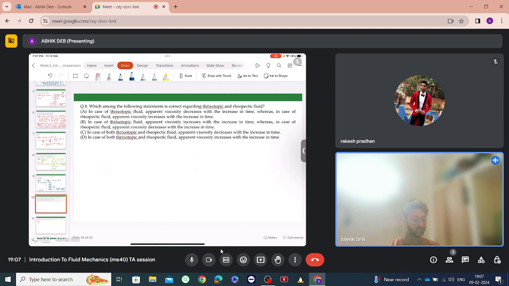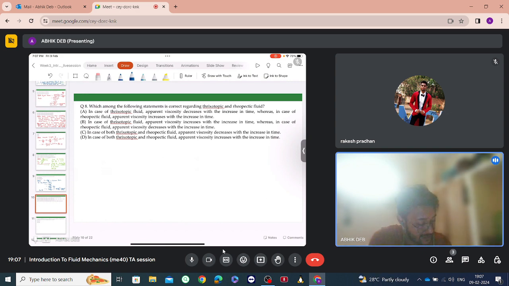So examples of thixotropic fluids are ketchup, toothpaste, shaving cream. An example of rheopectic fluids is printer ink, the ink that we use in printers.